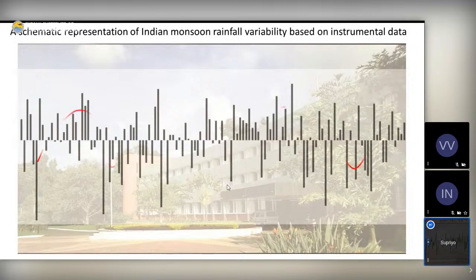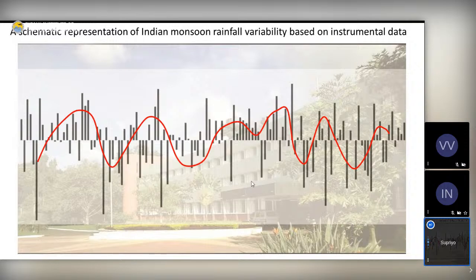If we plot the average variability, we can see that rainfall varied. Sometimes it was higher than normal and sometimes below normal, which is represented by the peaks and troughs. That means that rainfall has a natural mode of variability. In fact, there are several modes of variability, and the short-term or high-frequency variability can be obtained based on the instrumental records.